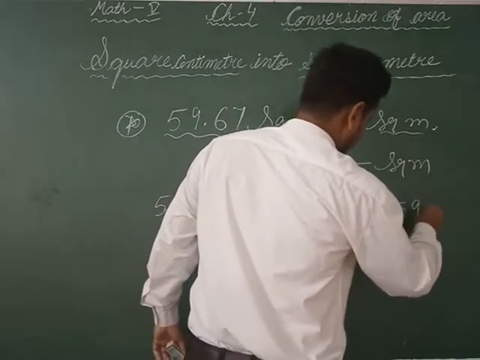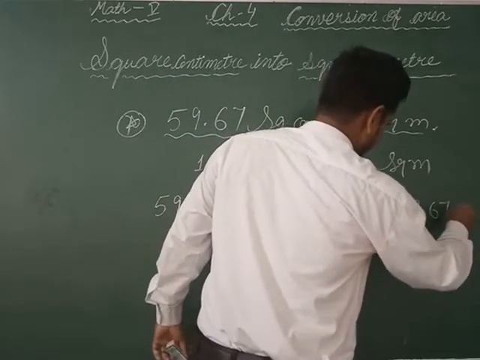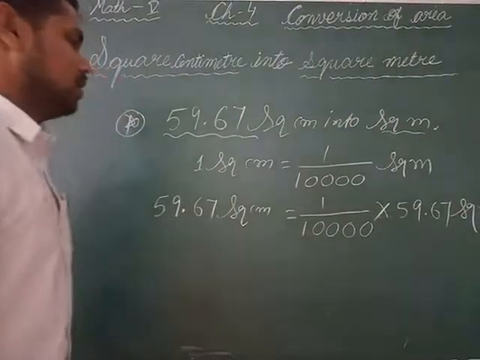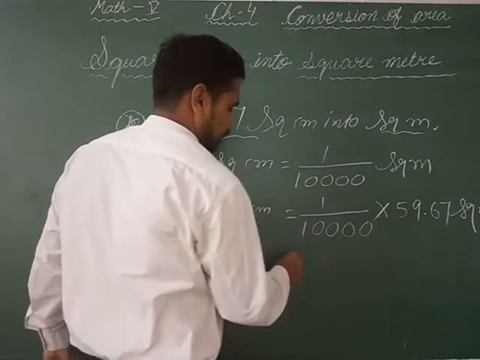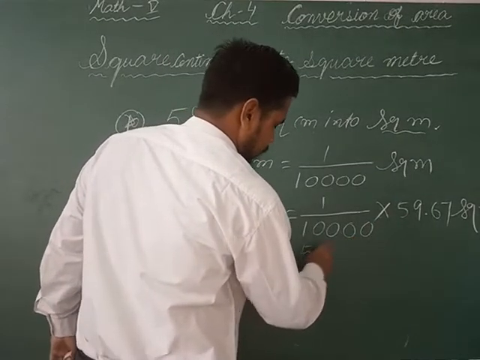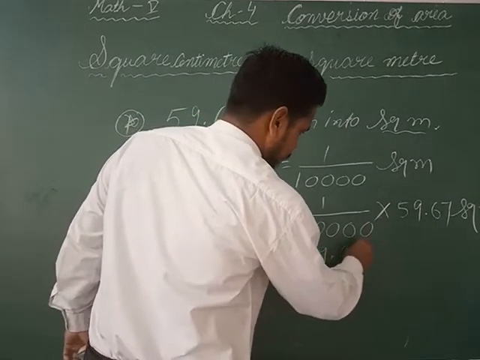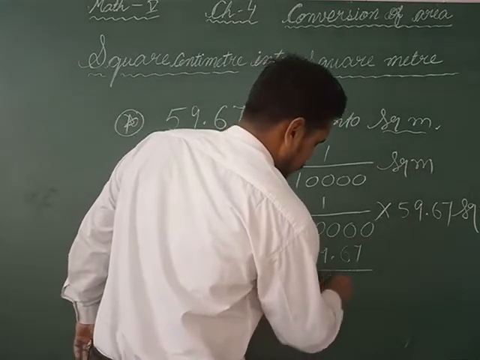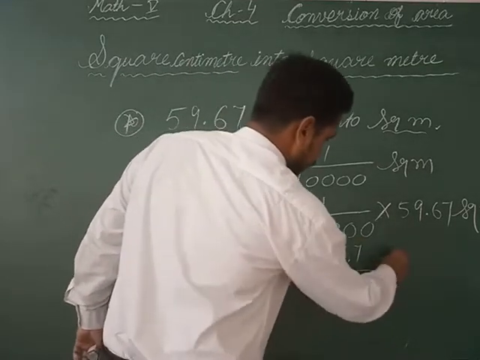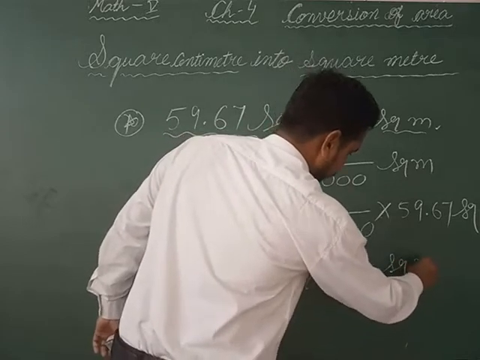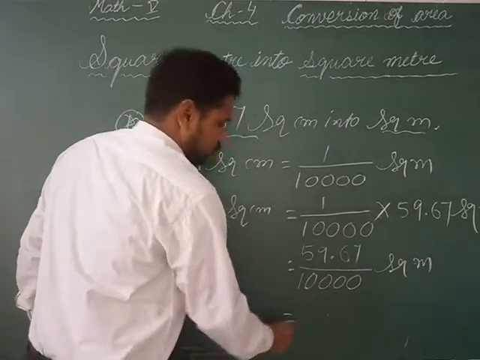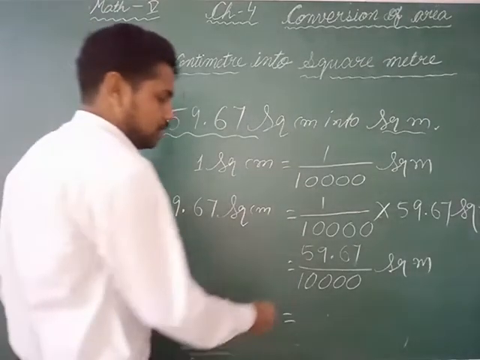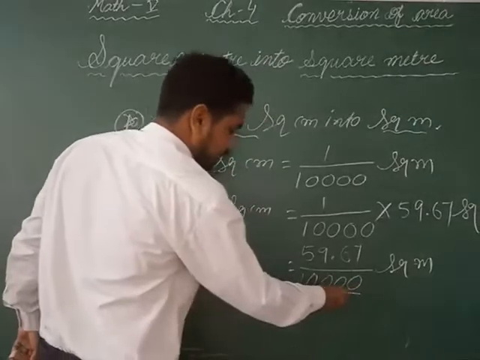So 1 multiplied by this will be the same, so it will be 59.67 divided by 10,000 square meter, right? So now if you divide this, see, you have to check the decimal and you have to check the digits.